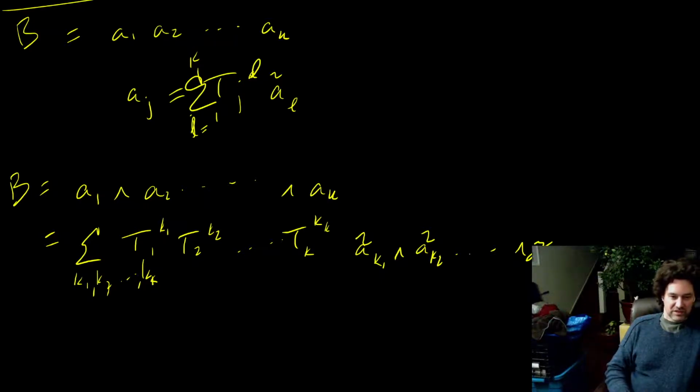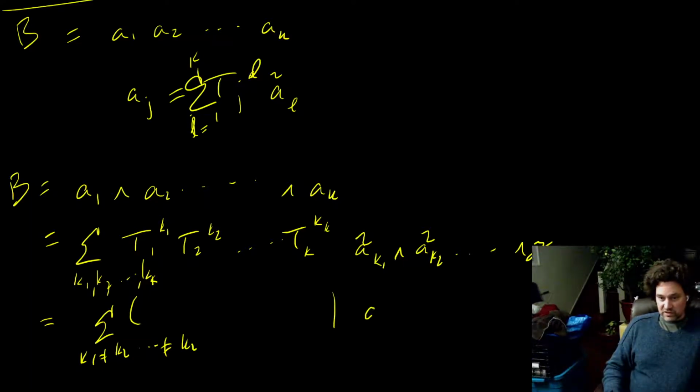And so we can say that this is really the sum over all the k1 not equal k2 not equal through kk, with the same term times A-k1 tilde, A-k2 tilde and so forth, A-kk tilde.